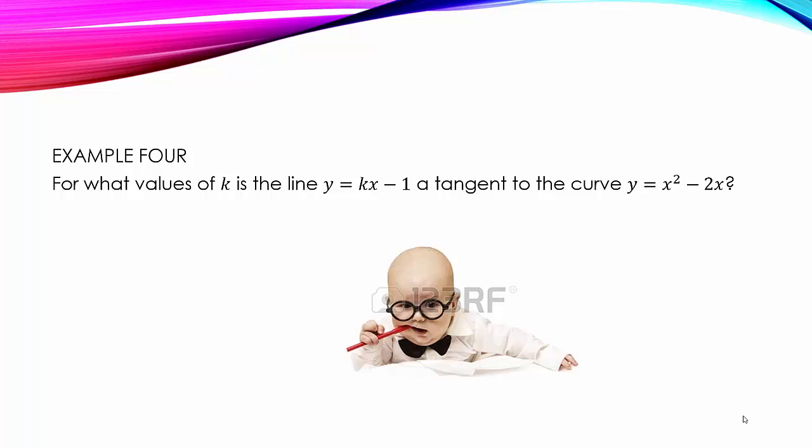It's a question that's asking you, when will that line just touch that parabola? And when you think about it, a line can either not intersect a parabola, intersect it in 2 points, or in 1 point. I'm going to give you 40 seconds to think about this example.